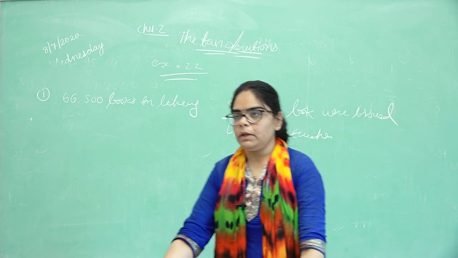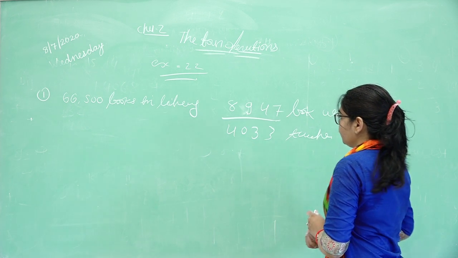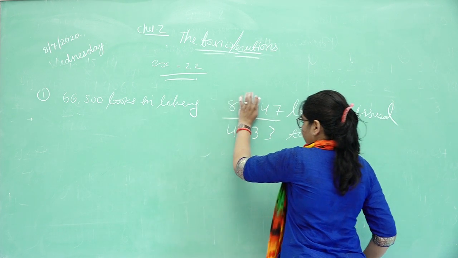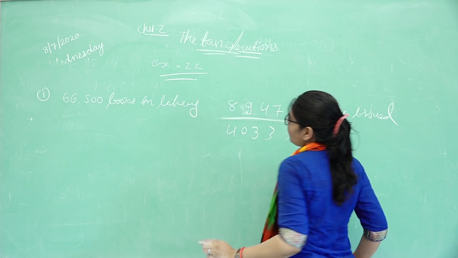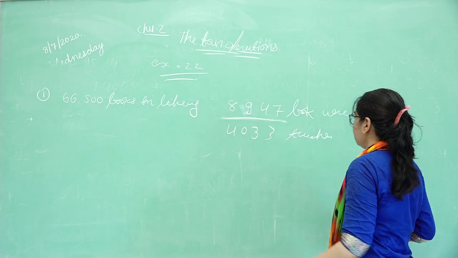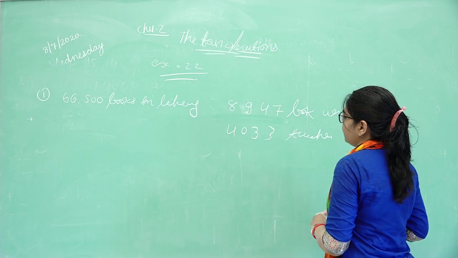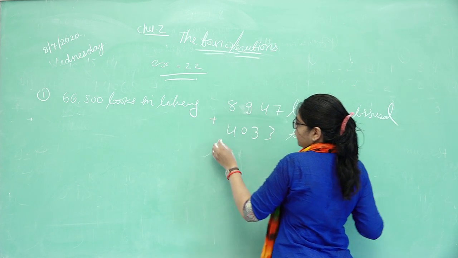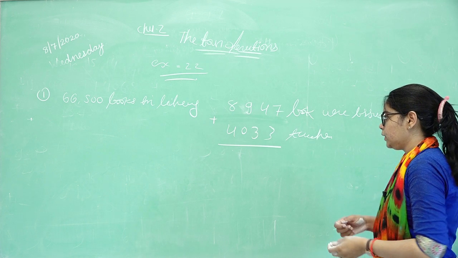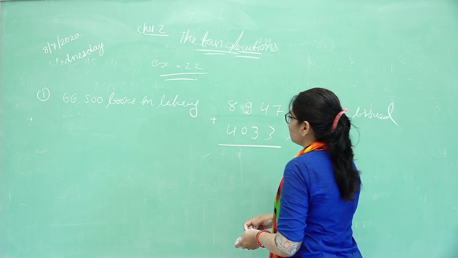Okay, then how many remaining books are there? Then what you have to do, first of all, how many books were left? Then how many books are issued? 8,947. And how many given to the teachers? 4,033. Then first do addition.